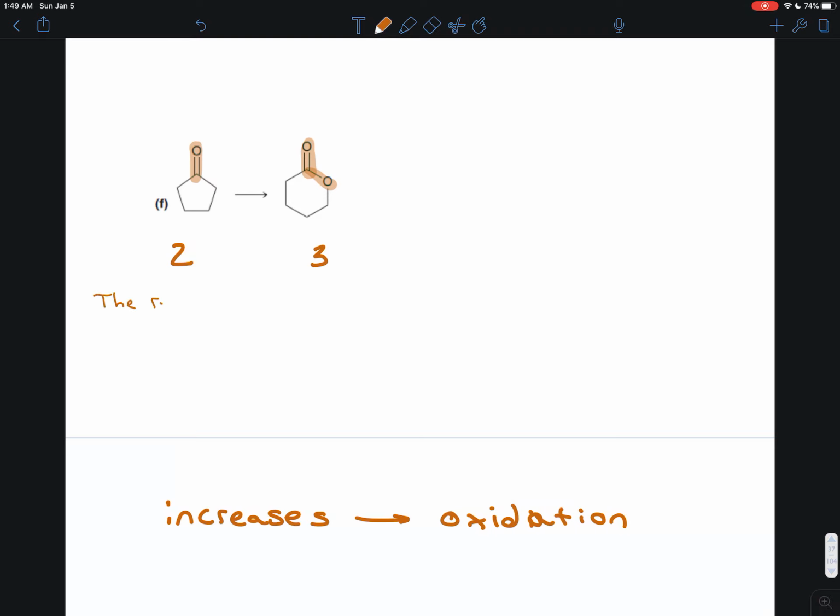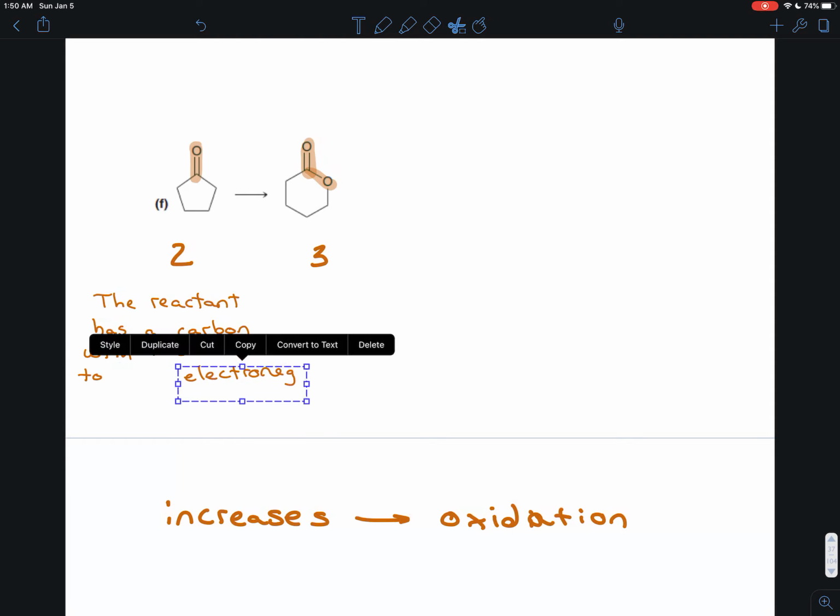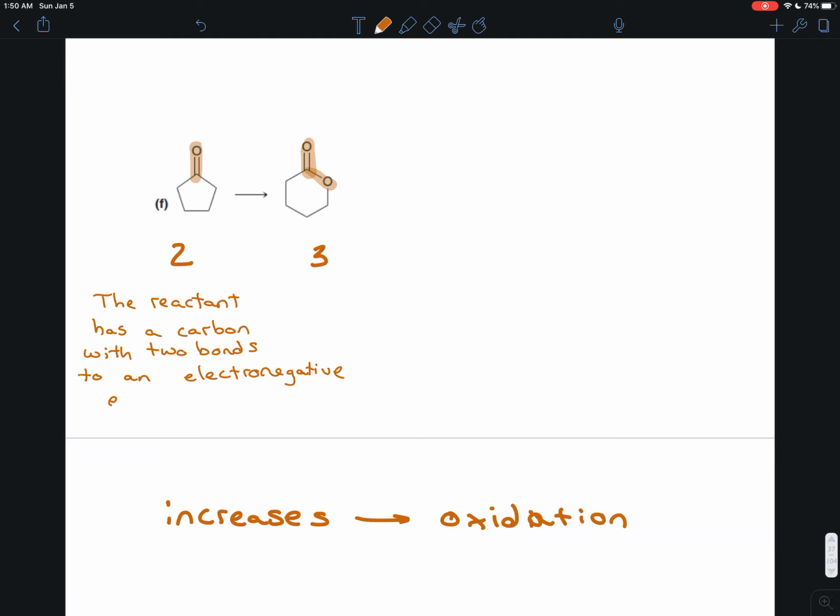the reactant has a carbon with 2 bonds to an electronegative element, as circled, or here highlighted.